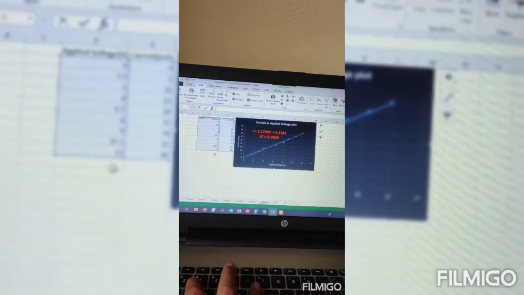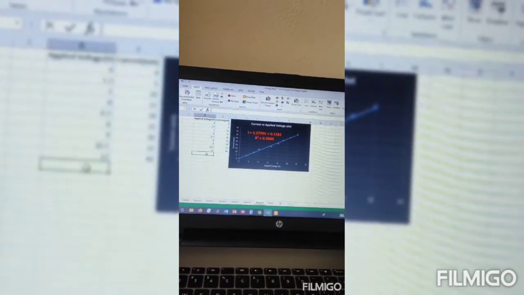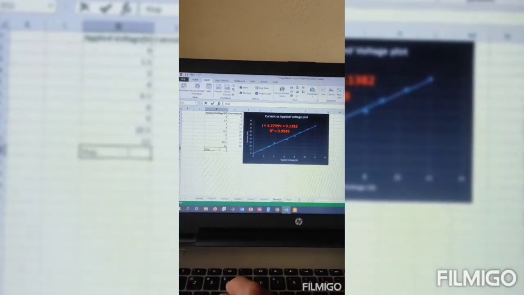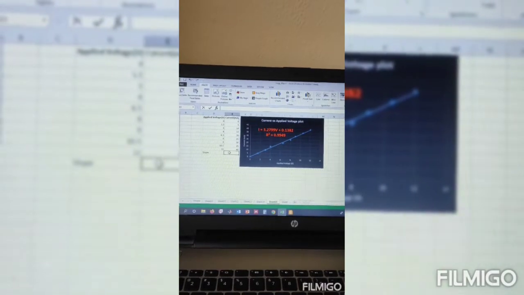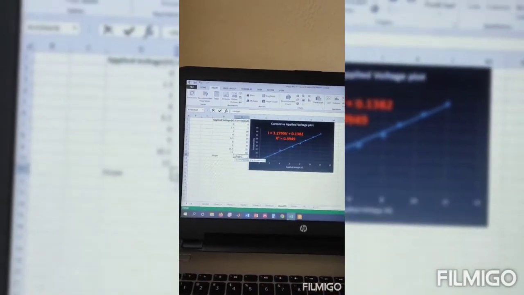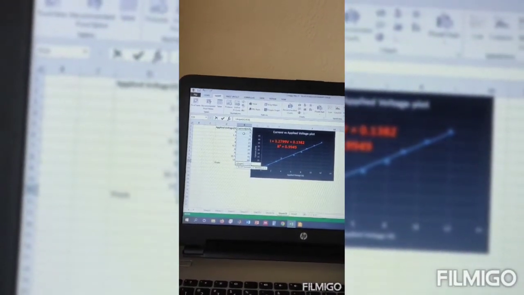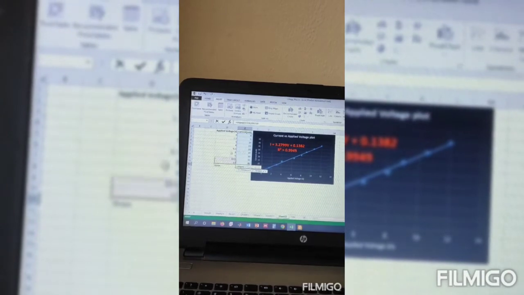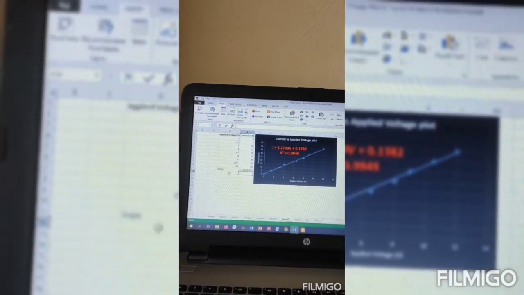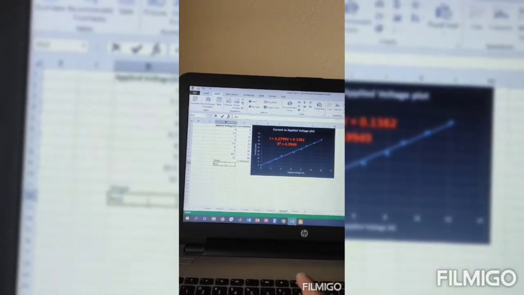We can also find the slope of this graph using an Excel command. You can see that is the slope of current versus applied voltage. Current versus applied voltage gives the conductance, or 1 by resistance. So in order to get resistance, we just need the inverse of this slope. Resistance is 1 by this slope.